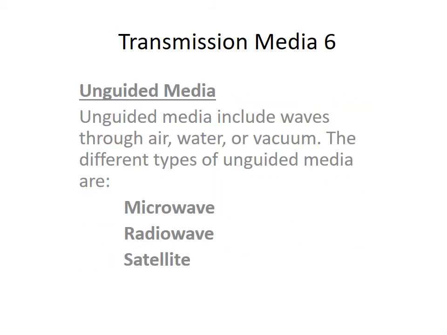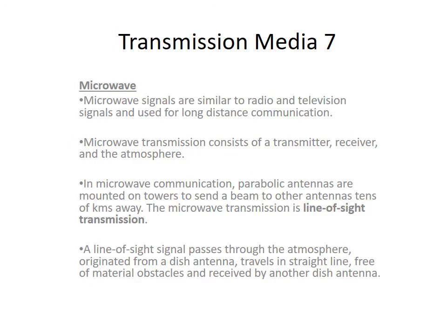Unguided media. Unguided media include waves through air, water or vacuum. The different types of unguided media are microwave, radio wave and satellite. Microwaves. Microwave signals are similar to radio and television signals and are used for long distance communication.